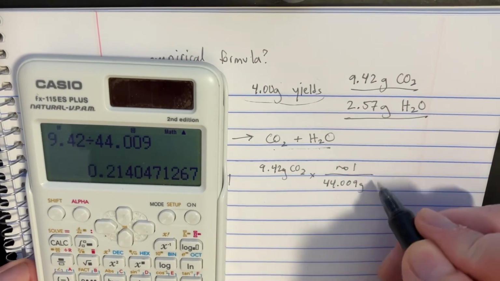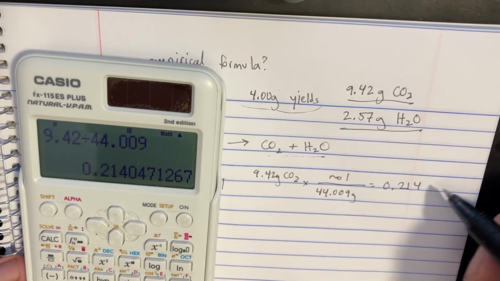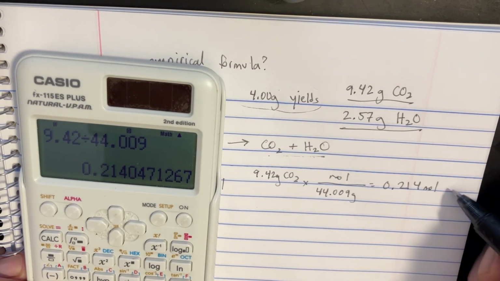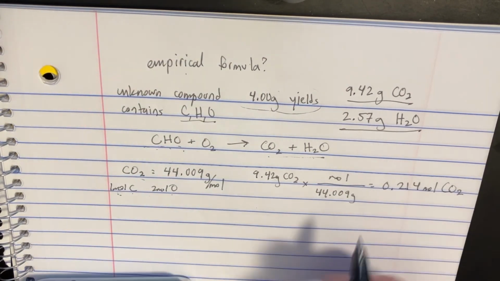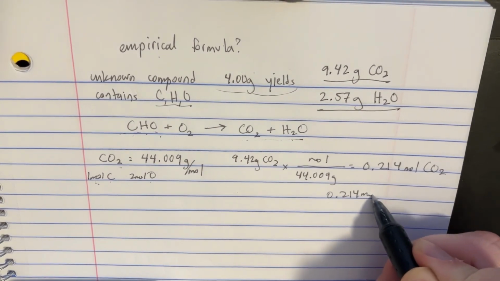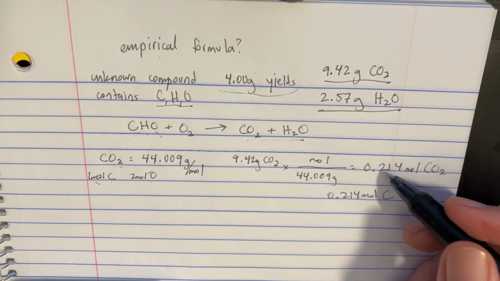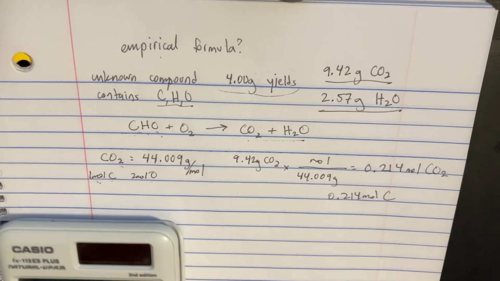And so we essentially just get 0.214 for the ratio, and this is going to be moles of CO2. And that means that we have 0.214 mole of C. We also have like 0.4 moles of O, but let's not worry about that.